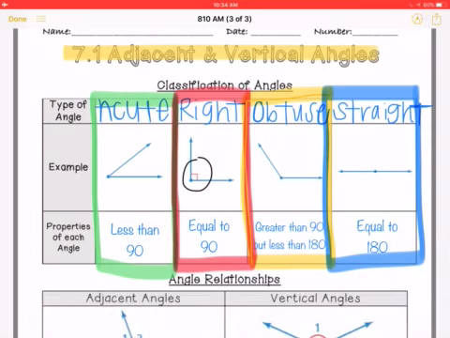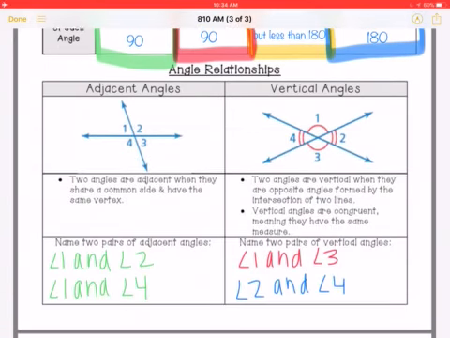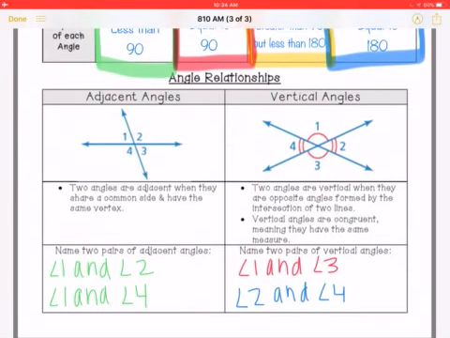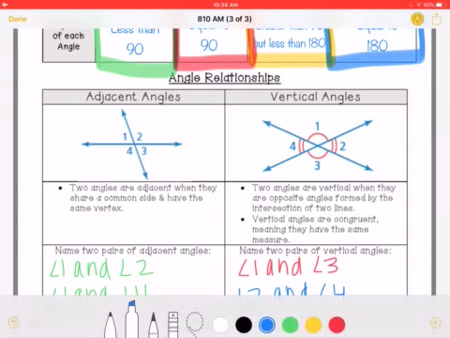So now that we have this reviewed, let's get into how angles are in a relationship, how they relate to one another. So first we have adjacent angles. Angles are adjacent to one another when they share a common side and have the same vertex.